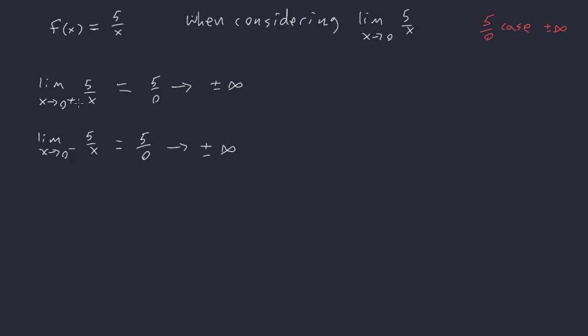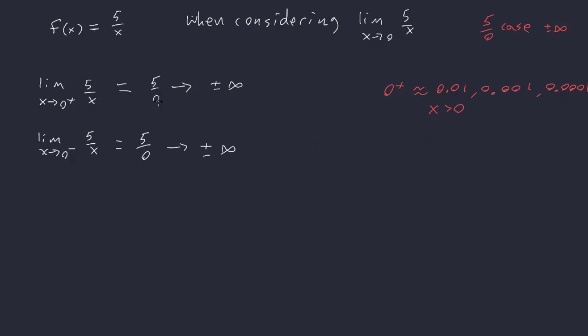I'm looking at values of 0 from the right. So 0 plus, these are values like 0.01, 0.001, 0.0001. These are basically values that are greater than 0.